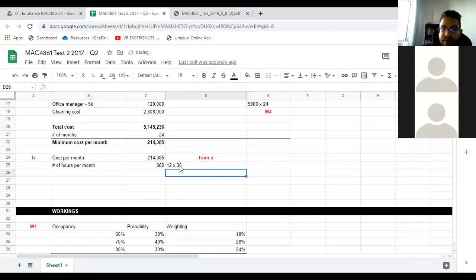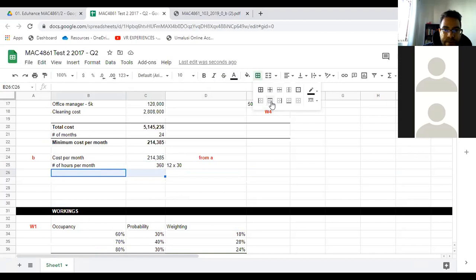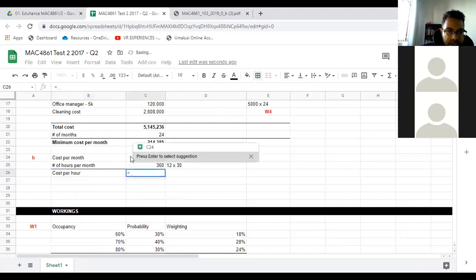Because we know there's 12 hours in a day, and we all know there are 30 days in a month. So whatever this is divided by that, the cost per hour is that.